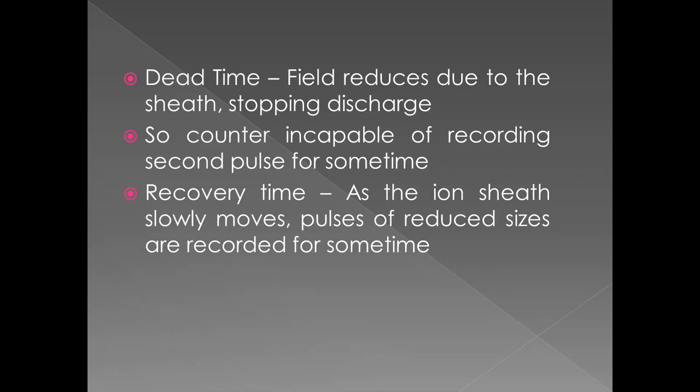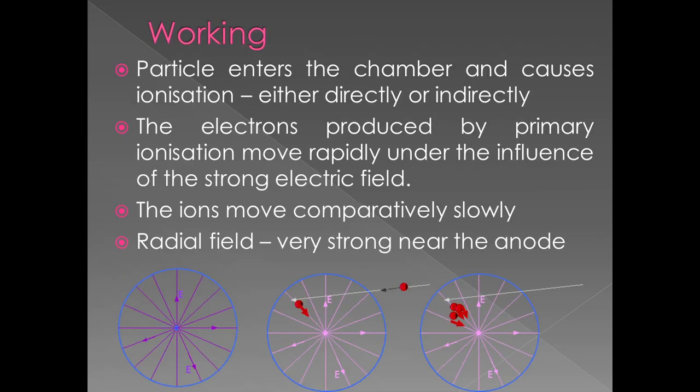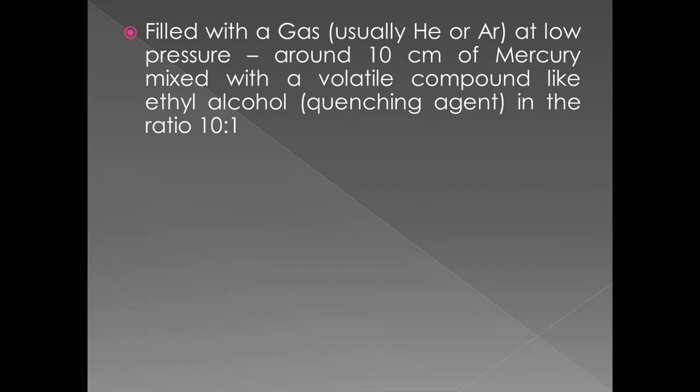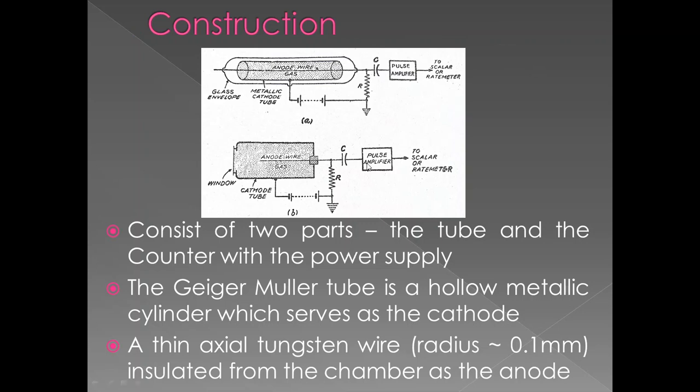As you can see in the construction we showed, it passes through a capacitor, the pulse is amplified, and finally it is counted. The scaler or the counter counts the arrival of each individual pulse separately, and it can give exactly the number of particles entering the GM counter in a particular time interval.